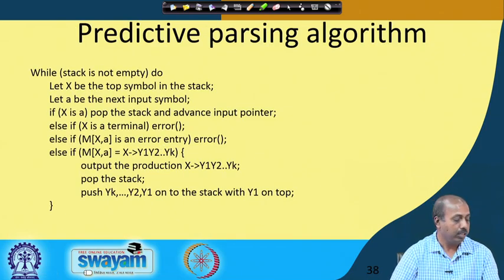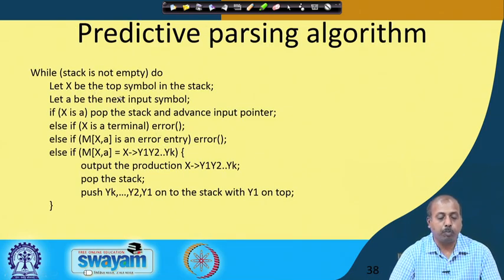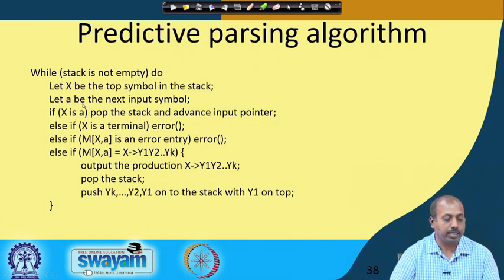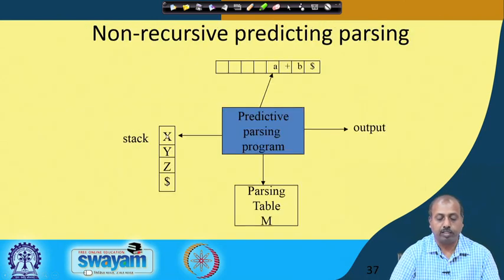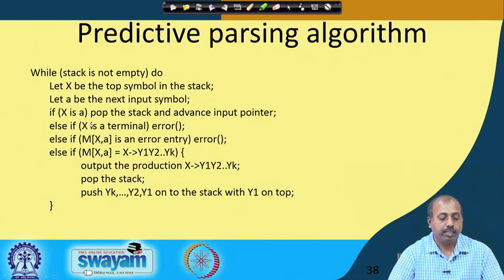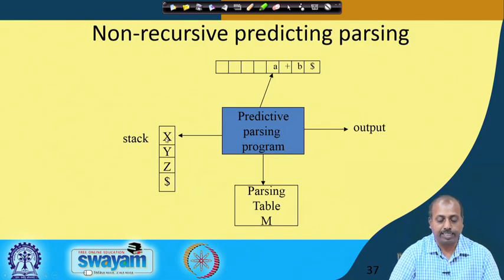So, how do we proceed? We look at the symbol at the top of the stack. Let the symbol be x, and we also check the next input symbol, suppose it is a. In that situation, if x is a terminal and it is equal to the next input symbol, then we pop it out from the stack and advance the input pointer to the next position.